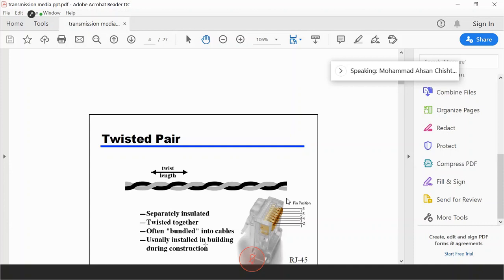Nowadays, it's used for digital communication as well. How much it could carry, the bandwidth here, used to be dependent upon the thickness of the wire as well as how far the wire is traveling. It can communicate several megabits for a few kilometers.